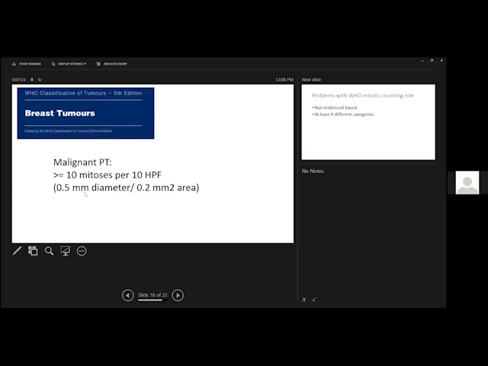And it is mentioned that the high power field is a field of 0.5 millimeter of diameter with 0.2 millimeter square of area. But even in this issue, there is no discussion about using the hotspot or not.